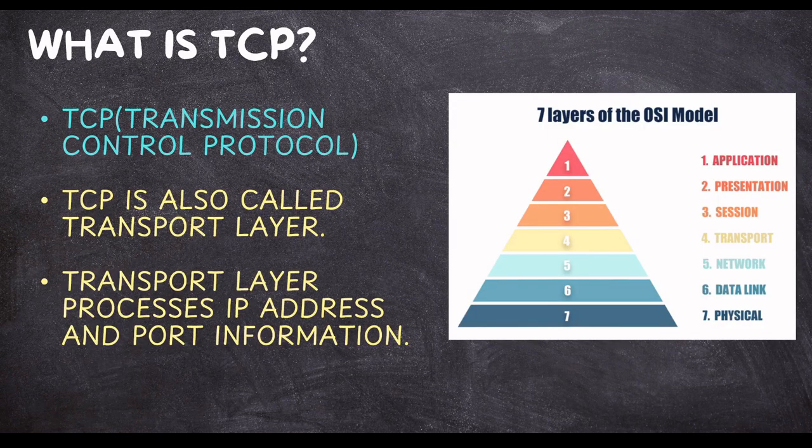Got it? Now, as I've already mentioned earlier, there is a thing called the TCP/IP protocol suite. So what is TCP? TCP is an abbreviation. Its full form is Transmission Control Protocol. It's very simple. As the name suggests, transmission means to transfer something from one place to another.